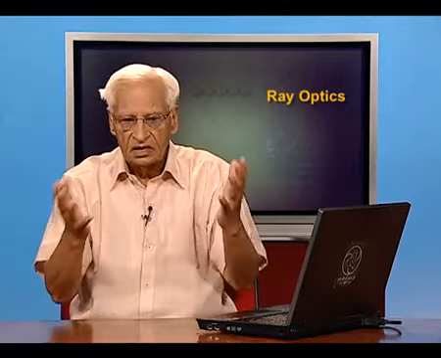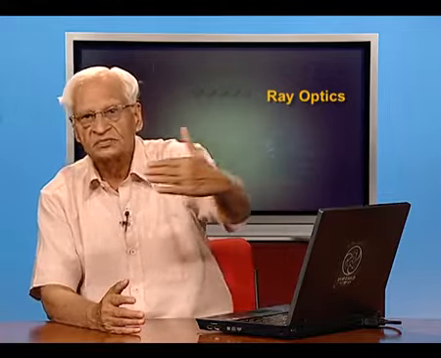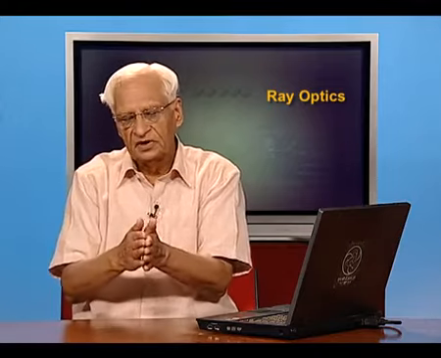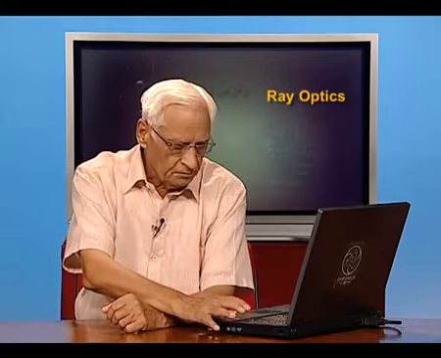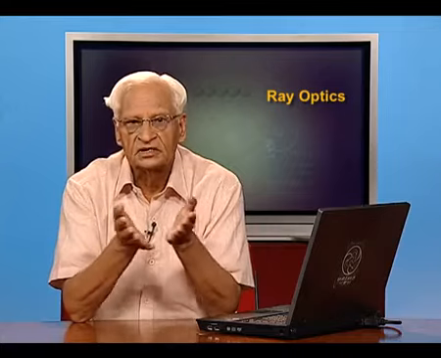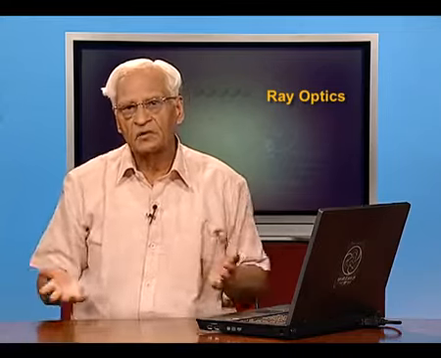So, if we draw a ray diagram, in that ray diagram the light will always be coming from the left, and then distances in the direction of light would be positive, against the direction of light would be negative. So, be careful. I was asked this question several times by many students, sir, light is coming from all sides.